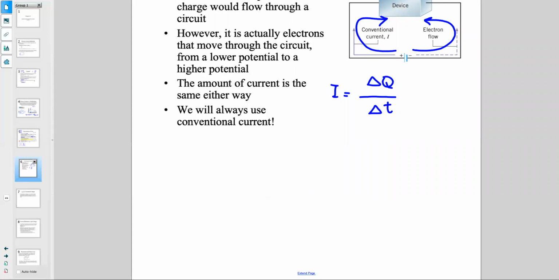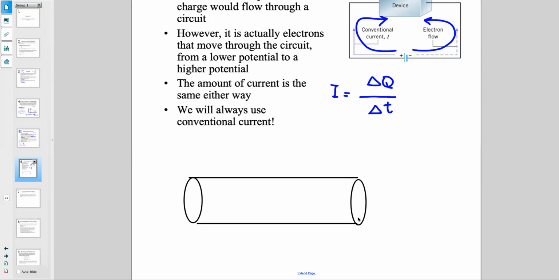If I am looking at this shape and I think that this shape is a view of a wire, so let's say that I am looking at a view of a wire, this is the cross section of a wire. You're looking at a wire right now, and let's take this cross section inside the wire.